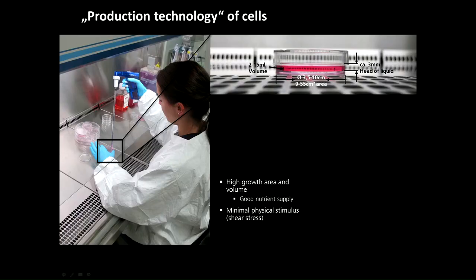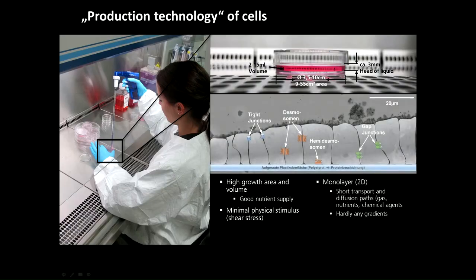Here I would like to state that especially iPS cells are very sensitive to shear stress and react directly on it. With this standard workflow, you have a monolayer culture in 2D, like you can see here. With this monolayer culture, you have short transport and diffusion paths, a very good gas supply and nutrient supply, and hardly any gradients.